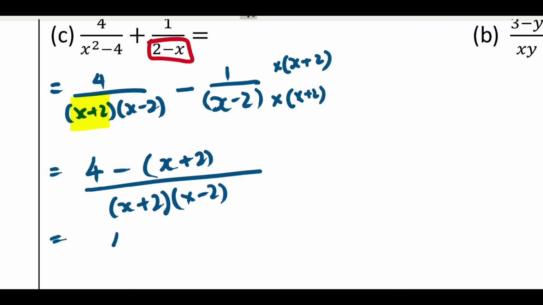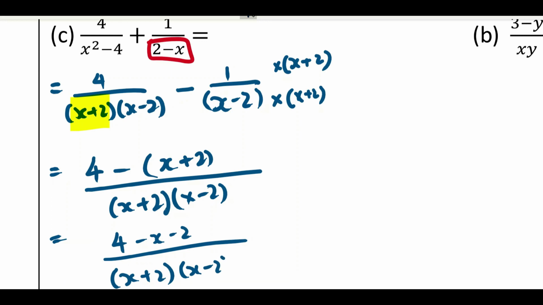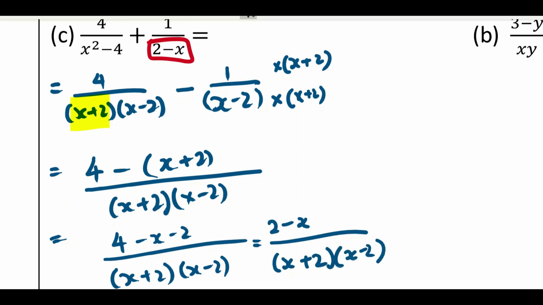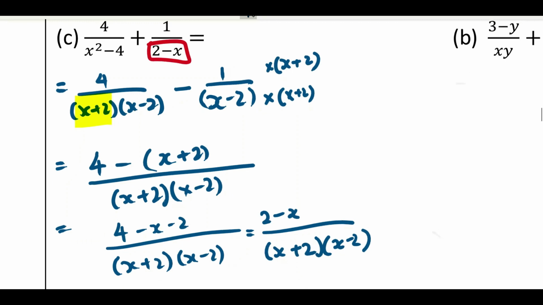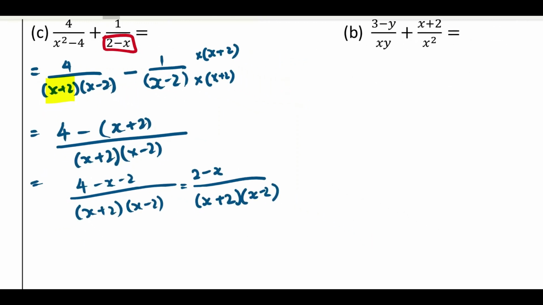Okay, so I open up, this will be 4 minus x minus 2 over x plus 2, x minus 2. Numerator will become 2 minus x over x plus 2, x minus 2. Okay, next. 2 minus x can change to x minus 2 or not? Yes, you can.